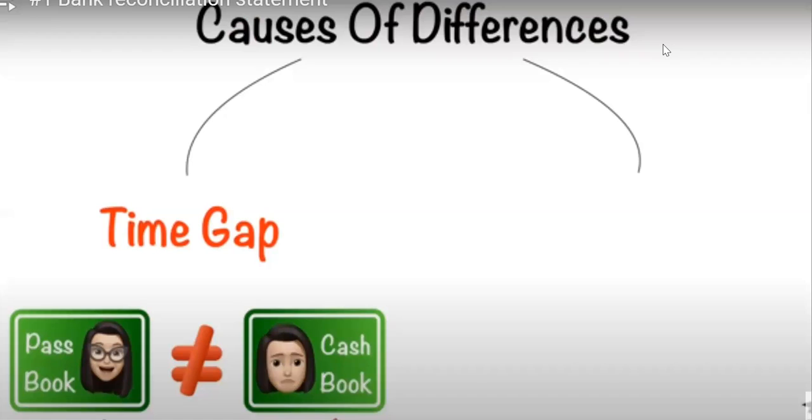For example, our customer directly deposited in our bank, so our passbook balance will increase, but we don't know whether our cash book is updated or not. Now our cash book balance still remains the same amount. So to avoid this kind of differentiation, we have to prepare a bank reconciliation statement. This is called time gap.